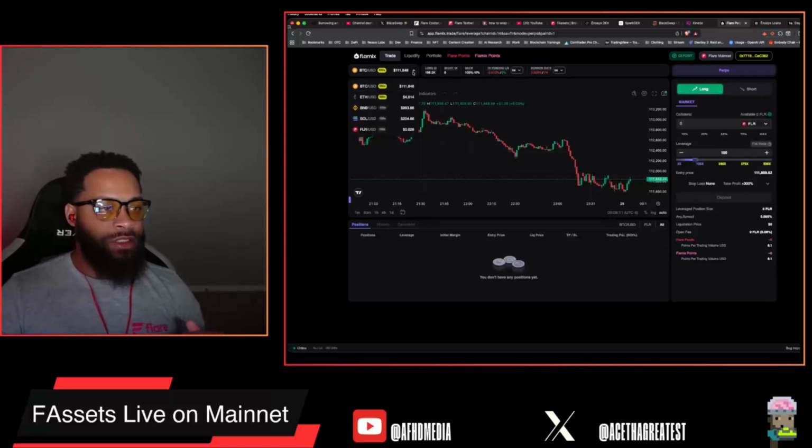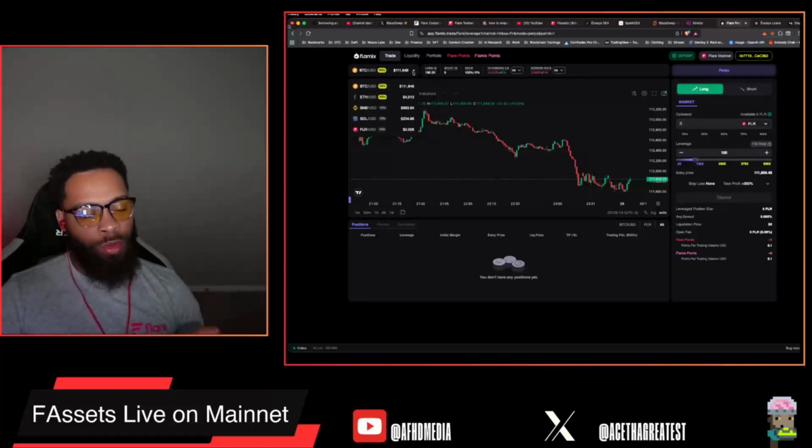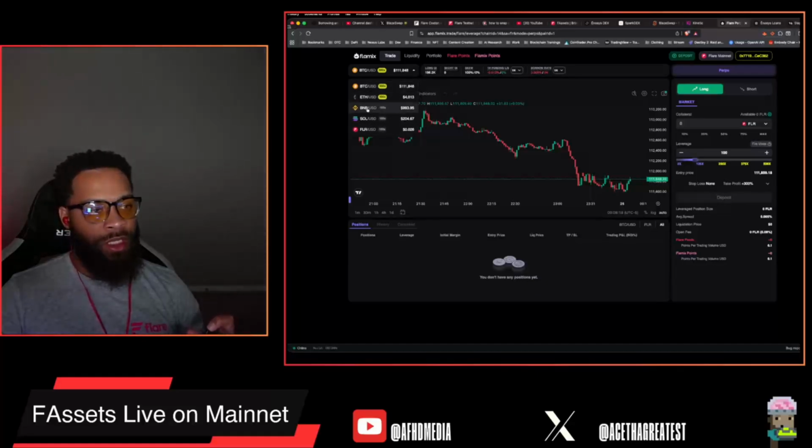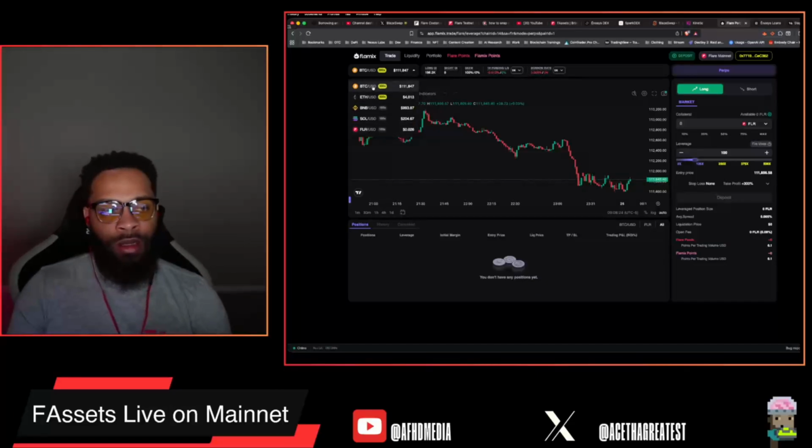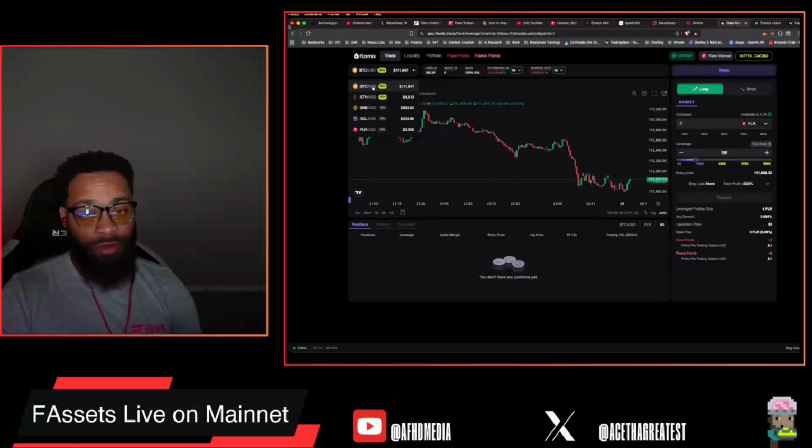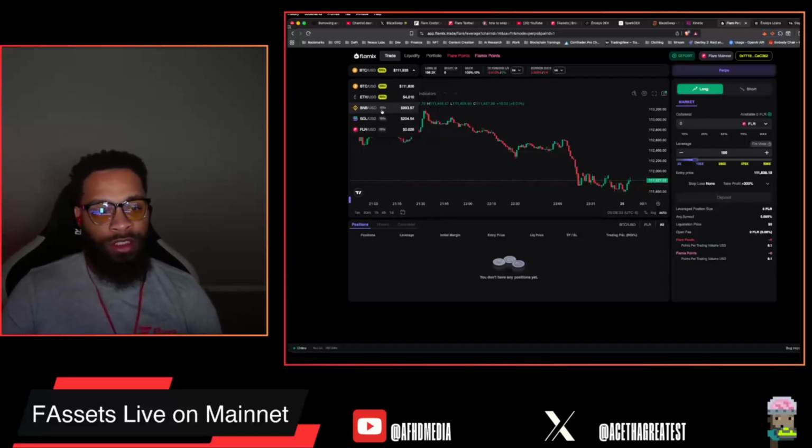The assets that you can trade or open positions on are BTC, ETH, BNB, Sol, and of course Flare. For BTC and ETH, they allow up to 500x leverage. If you're a true degen, that might be enticing to you. And then BNB, Sol, and Flare, you can only go up to 100x leverage.